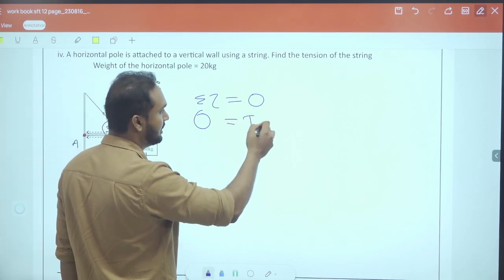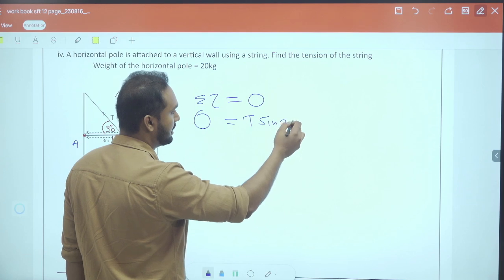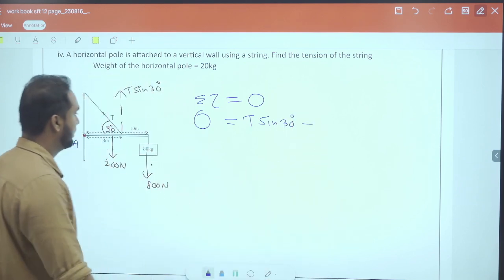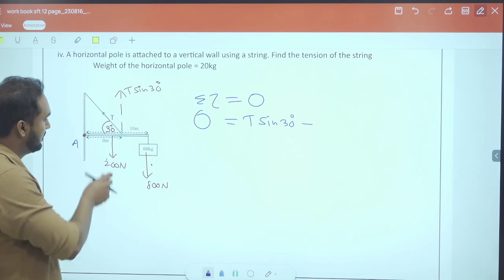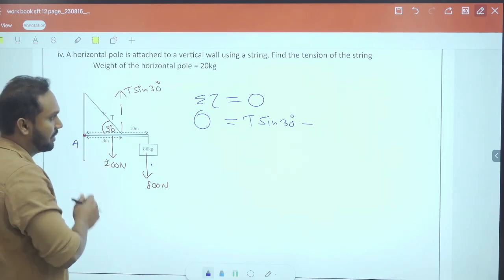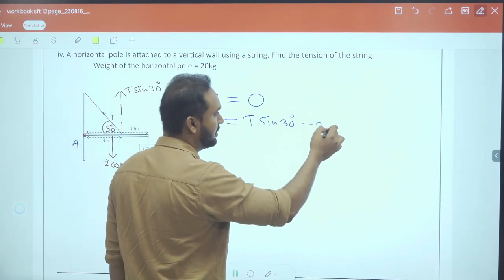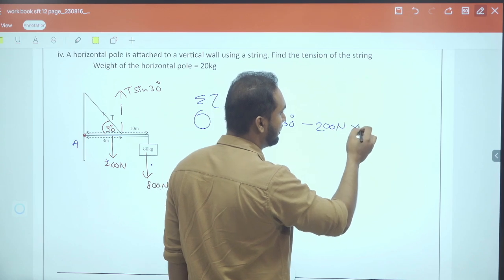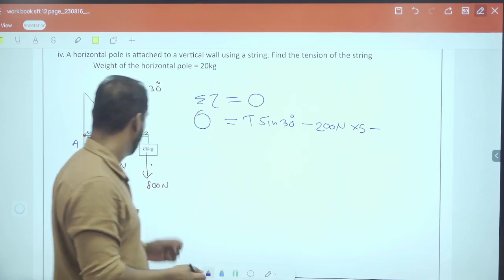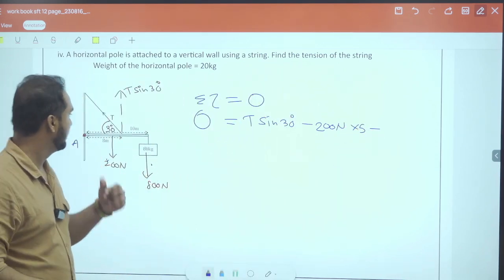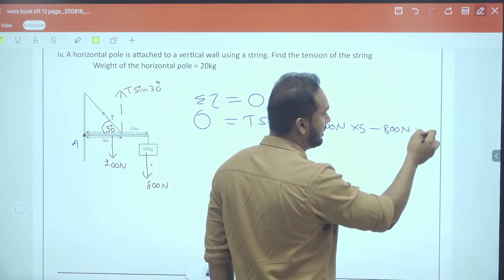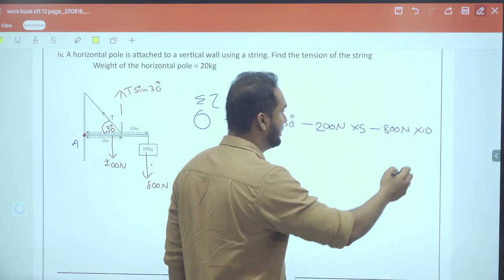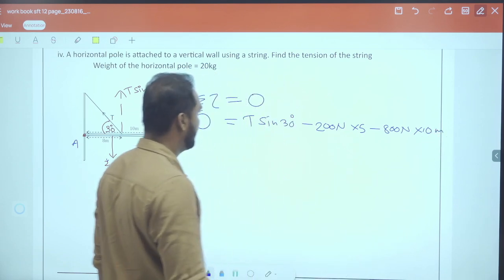So T sine 30 minus, take all the clockwise ones as minus values. So in 5 meters 200 newtons are acting. So 200 newtons in 5 meters, minus, again 800 is acting in 10 meters. 800 newtons in 10 meters. That's all, right? So calculate the values now.